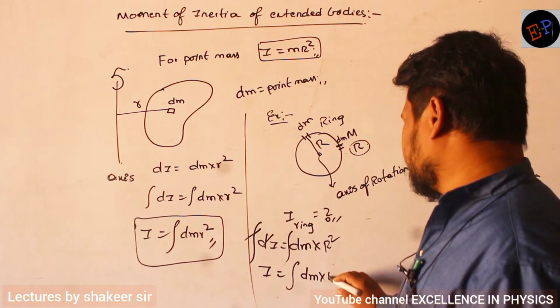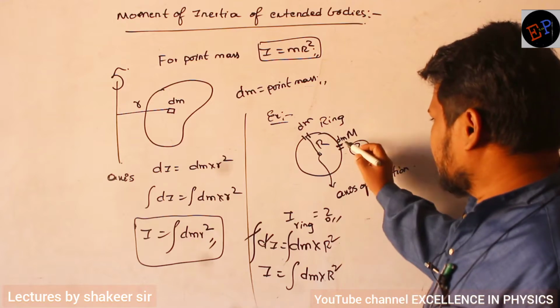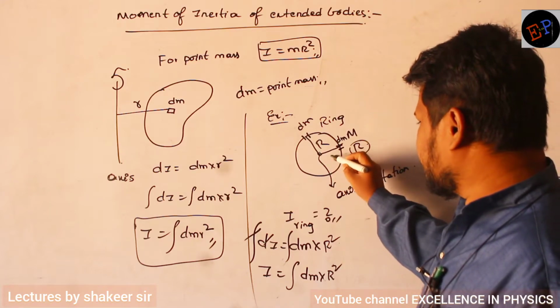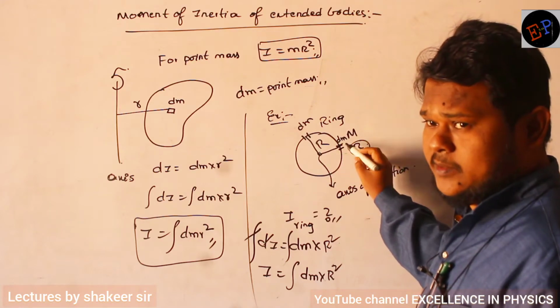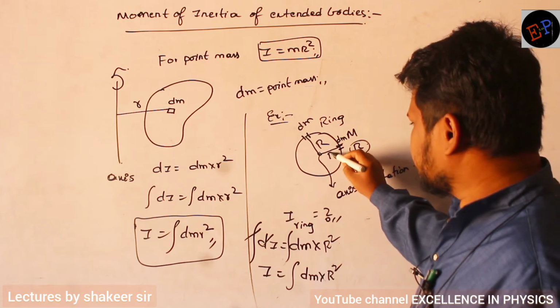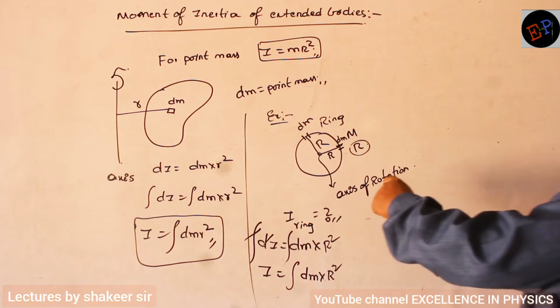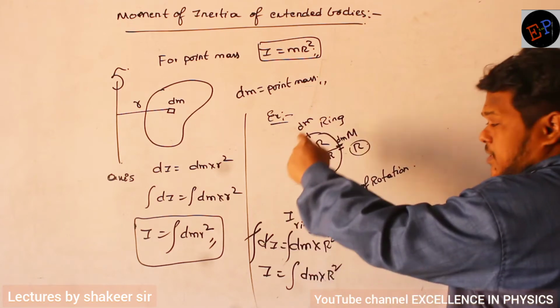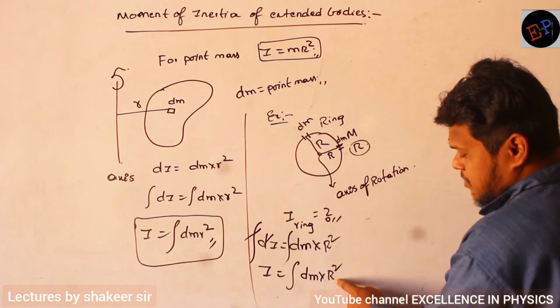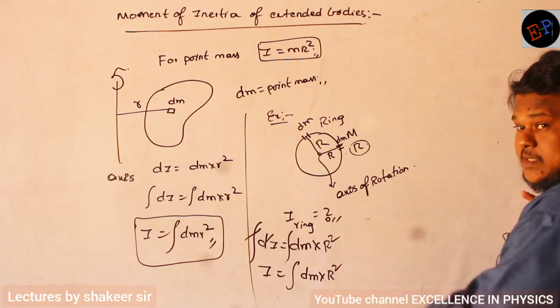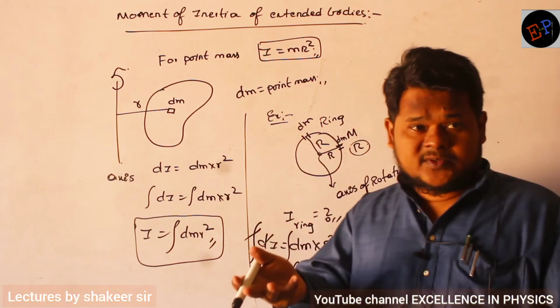Clear? Now this dm is also present at the same distance. So this is also present at a distance of r. It means that for every dm, the r value is a constant. Are you able to understand how we are proceeding?